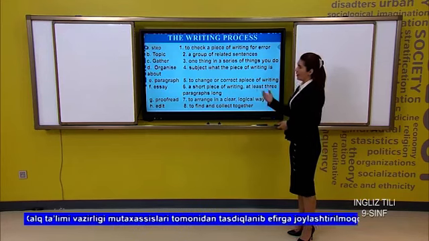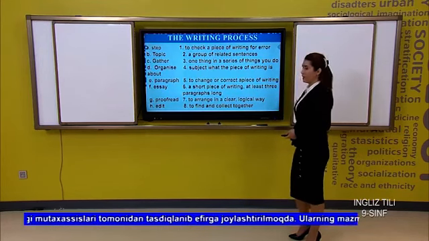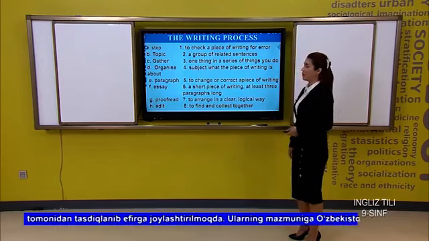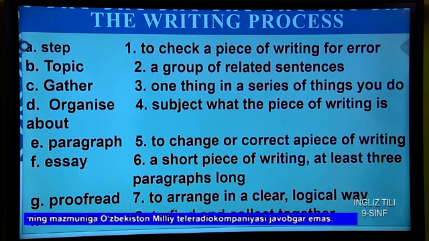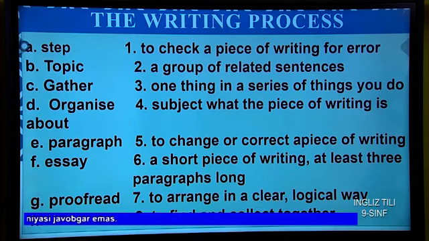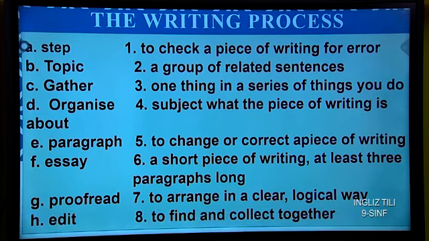First one, A is step, to check a piece of writing for error. B, topic, a group of related sentences. Gather, it is one thing in a series of things you do. D, organize, you should organize your sentences. Subject, what the piece of writing is about.